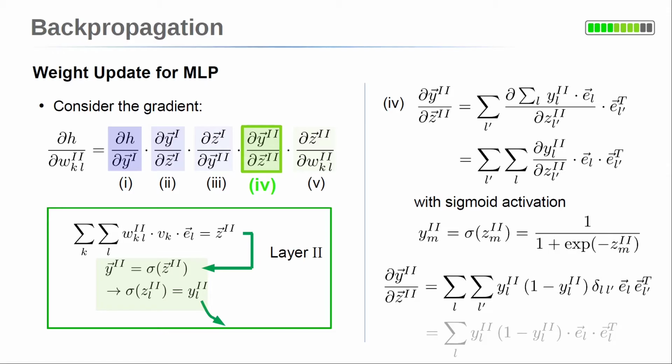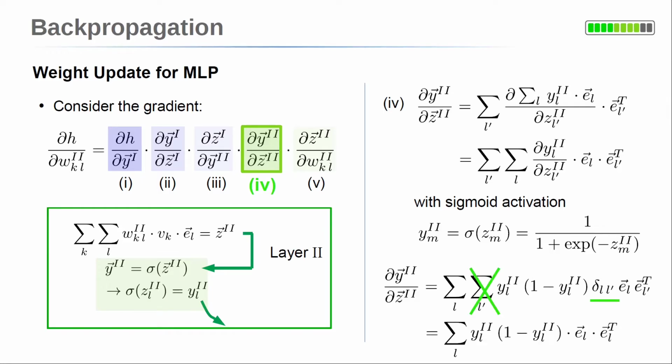In this neuron layer, we use again the sigmoid activation function applied to the summations. Substituting its derivative into the expression above yields the sum over L and L' of y_L of layer 2 times 1 minus y_L of layer 2 times the Kronecker delta δ_LL' times the unit vector e_L times the unit vector e_L' transpose.